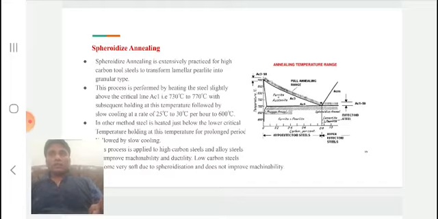Among the 4 types of annealing processes, I discussed the full annealing process and process annealing process.